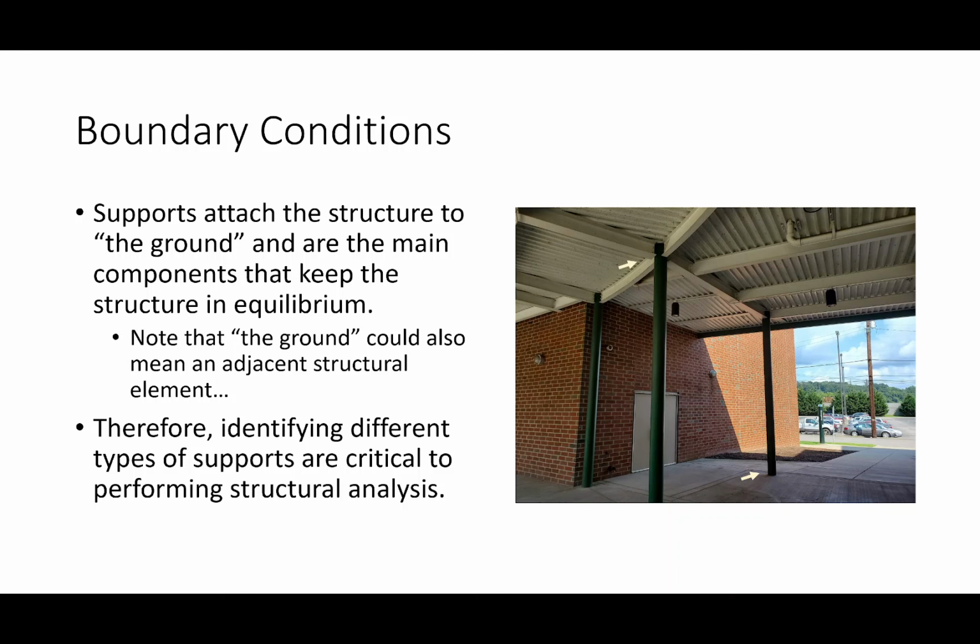Okay. So imagine here that this is the column, and it's embedded into the ground. So imagine my fist is the concrete that is supporting the column. If I apply some load or some force to the column, not only is my fist able to prevent translation, it is also preventing this point right here from rotating.